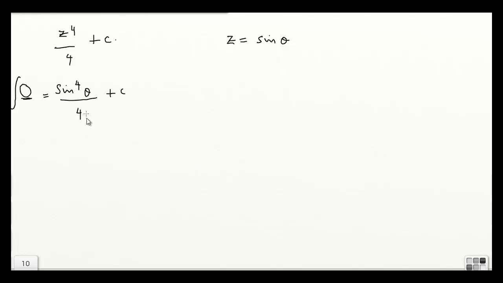But we want the answer in terms of x, not in terms of theta. Originally we started off with the expression x is equal to tangent of theta. So we would like to convert the thetas back to x. Let's do further simplification. x should be equal to sine theta divided by cosine theta.